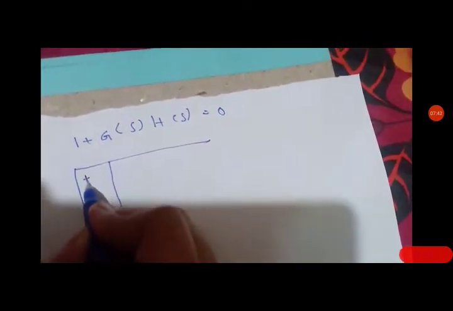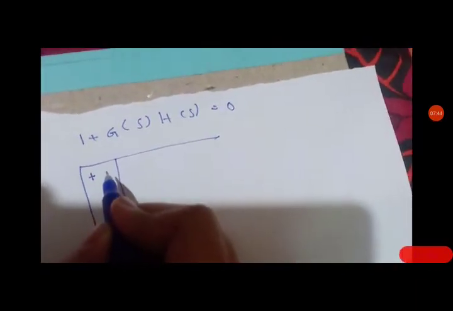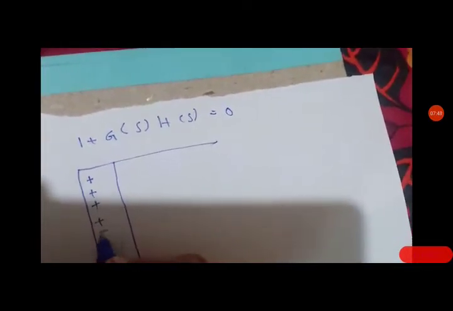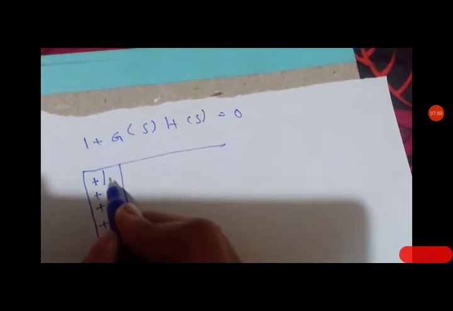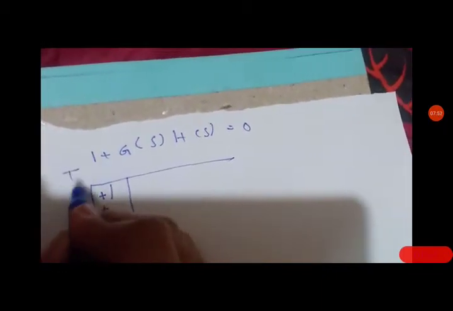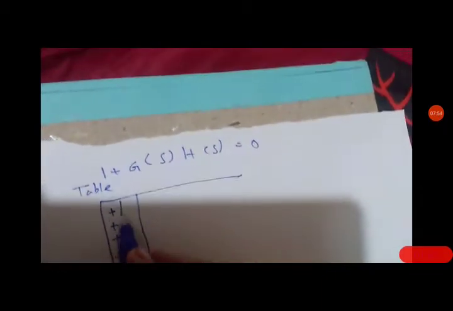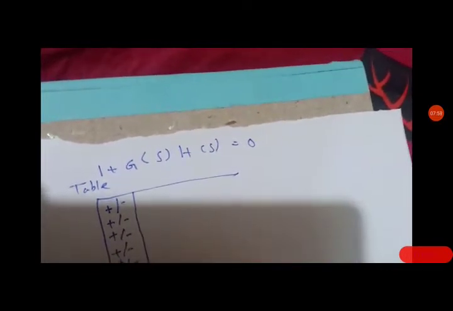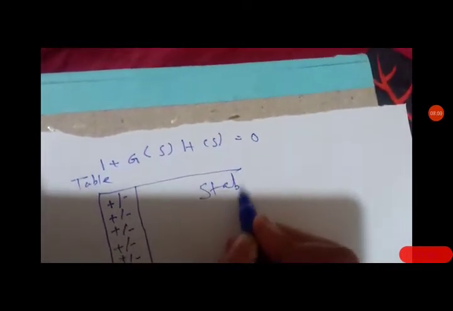Here, if all the coefficients of the first column are positive, or all the coefficients in the first column of the table are negative, then the system is said to be stable.